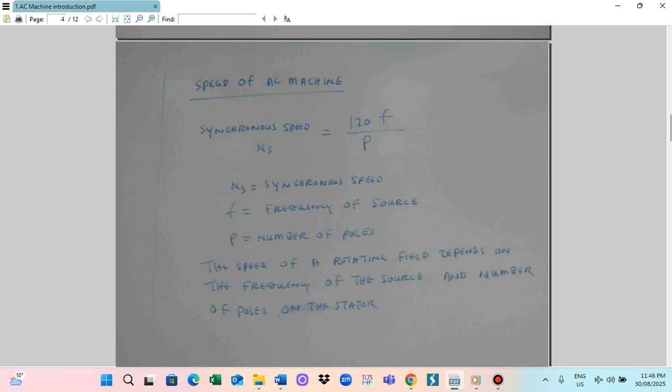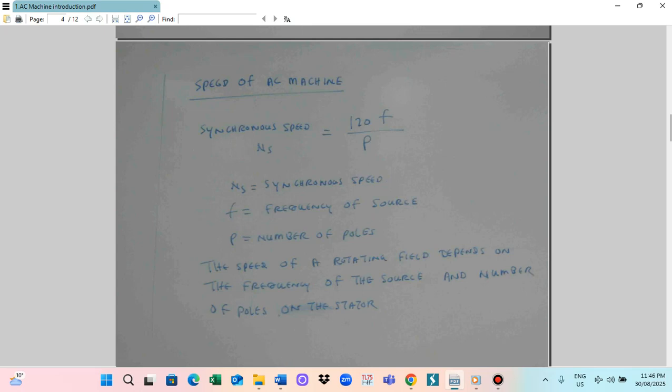Ns is the synchronous speed, f is the frequency, and P is the number of poles. So synchronous speed we can calculate by this equation.